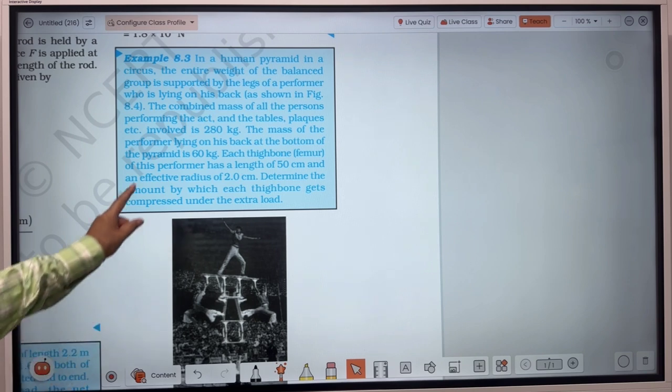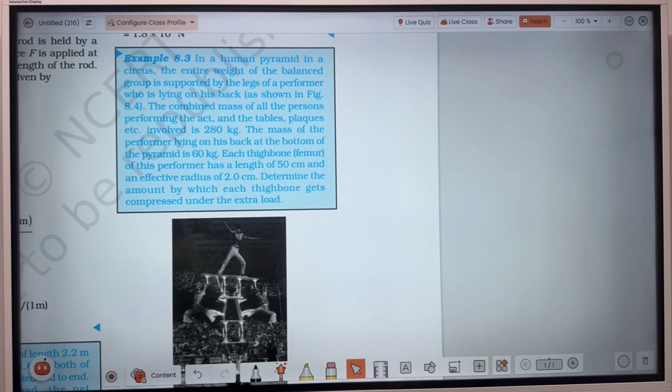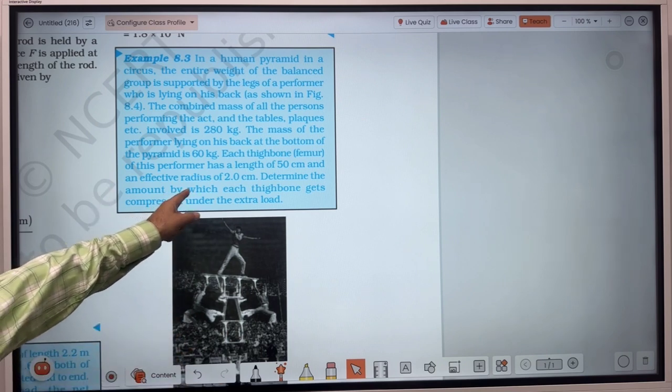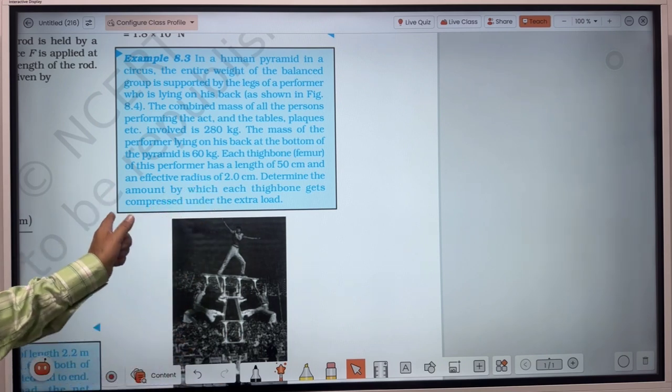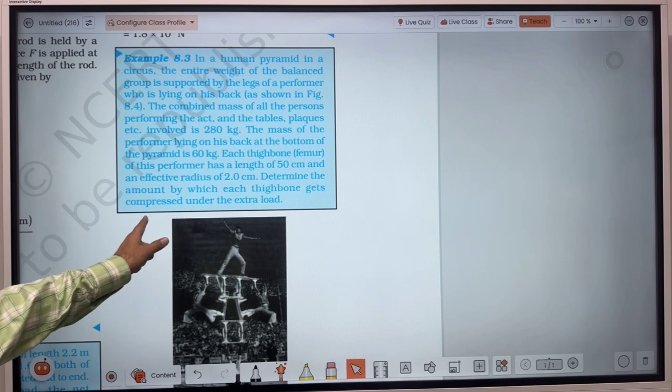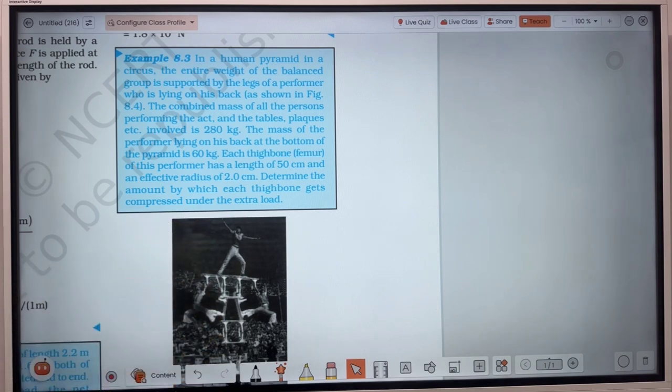As shown in the figure, the combined mass of all the persons performing the act and the tables, blocks, etc. involved is 280 kg. The mass of the performer lying on his back at the bottom of the pyramid is 60 kg. Each thigh bone (femur) of this performer has a length of 50 centimeter and an effective radius of 2 centimeter. Determine the amount by which each thigh bone gets compressed under the extra load.